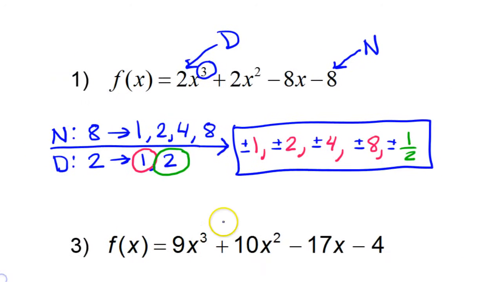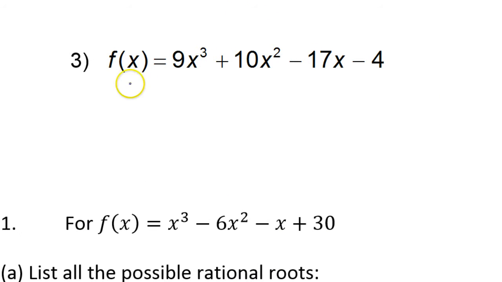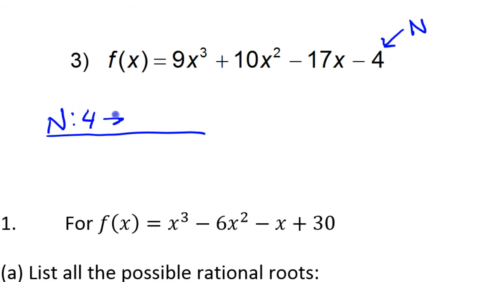So number 3. Again, if I want to build a list of the possible rational zeros of this function, I'm going to think of it in terms of numerators and denominators. The possible numerators are going to be factors of 4, so that is 1, 2, and 4.